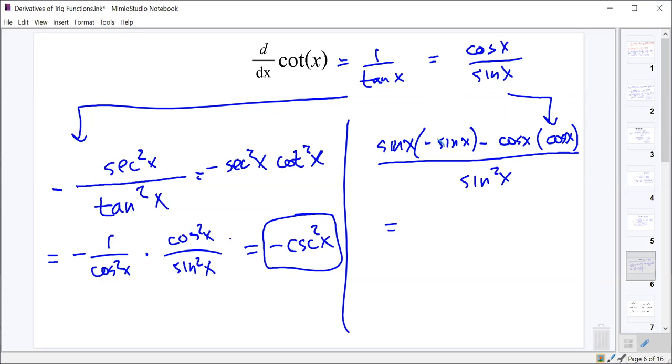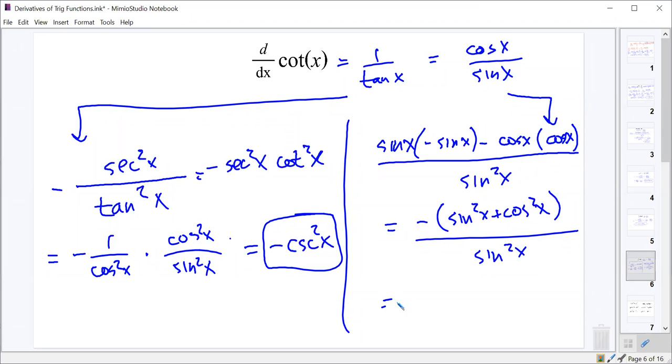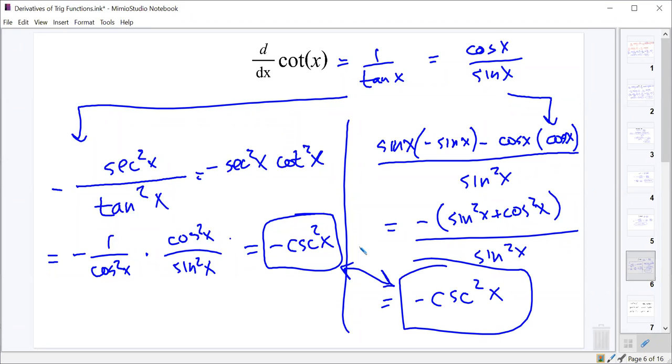If we take the negative and factor it out, that's negative sine squared x plus cosine squared x over sine squared x, and sine squared x plus cosine squared x is 1, so this is negative 1 over sine squared, which is negative cosecant squared x. So either way, same result. The derivative of cotangent is negative cosecant squared.